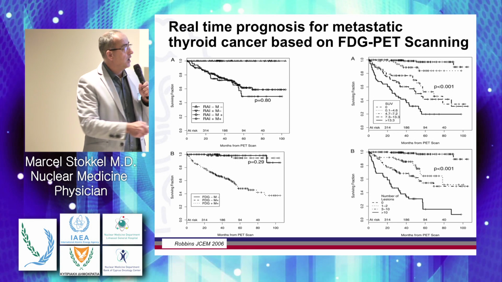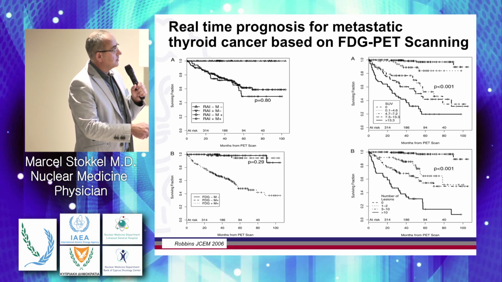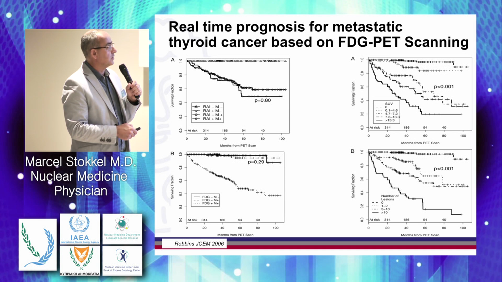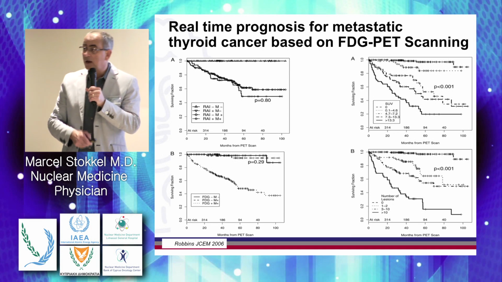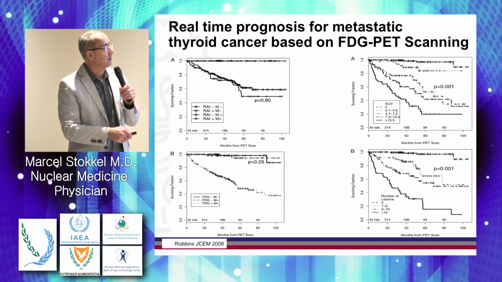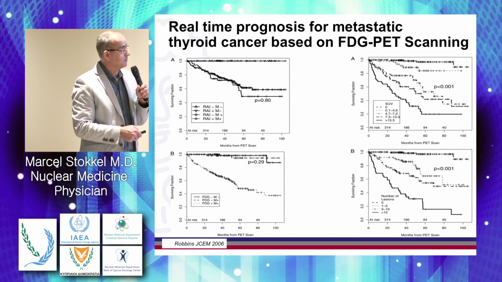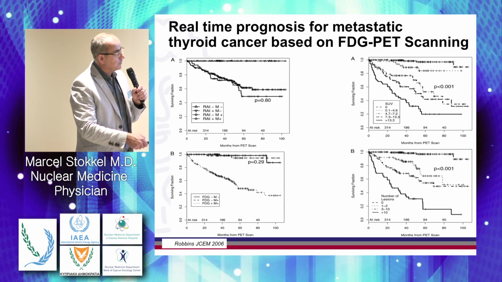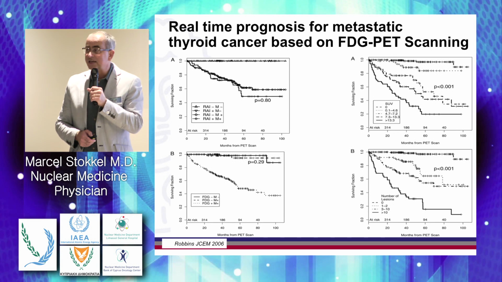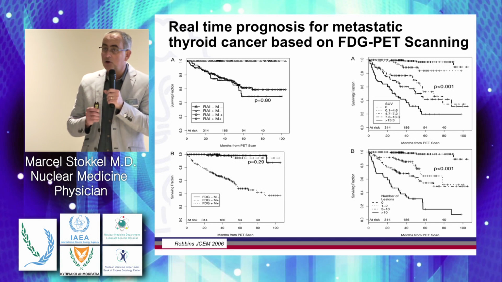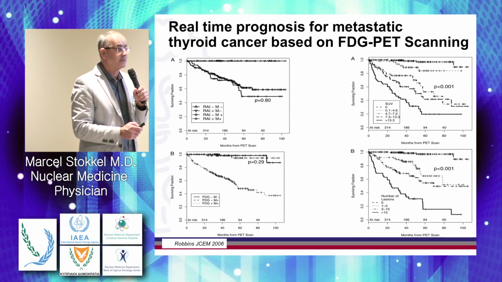Another important issue is that there is also a very, very close correlation between the SUV value and final outcome. The higher the uptake of FDG, the poorer the prognosis is. And finally, there is also a very close relation between the number of lesions and outcome, the number of lesions observed on the FDG PET scan.